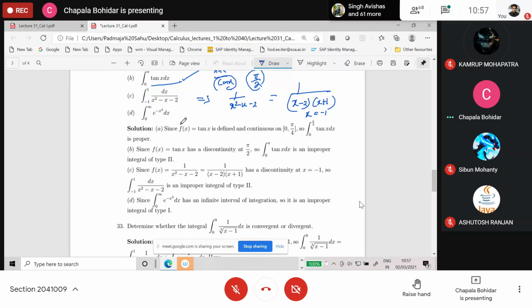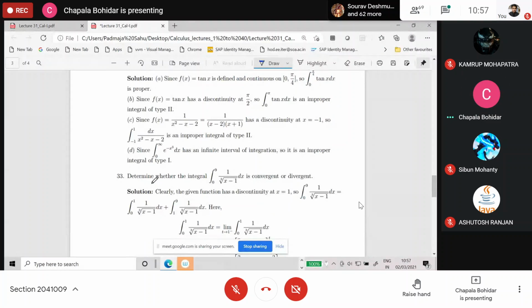Yes, ma'am. Okay. Next, come to the 33. Determine whether the integral 0 to 9, 1 by cube root of x minus 1 is convergent or divergent. You do it yourself.